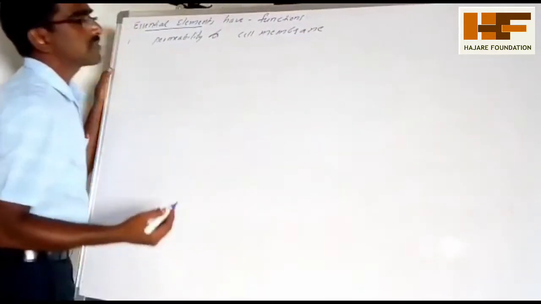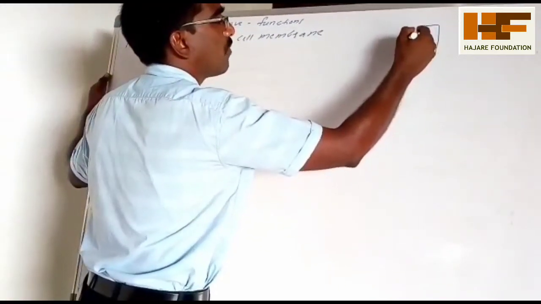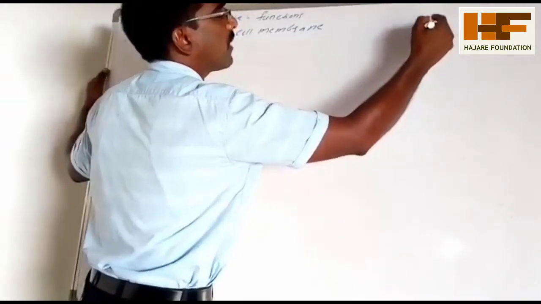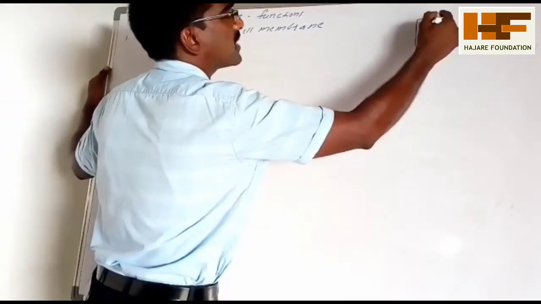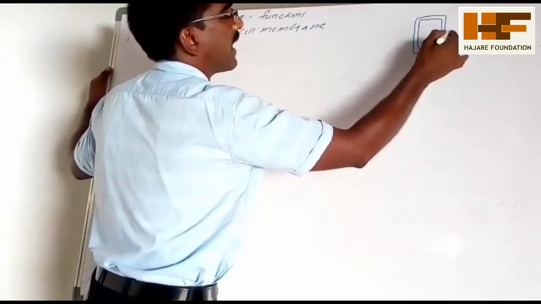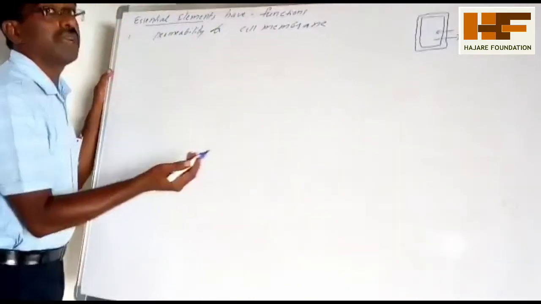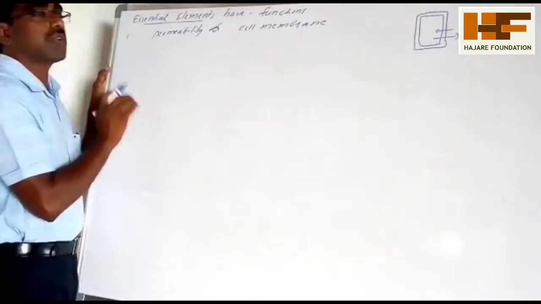You know that each plant cell is covered by a plasma membrane, and that plasma membrane is covered by the cell wall. But the plasma membrane accepts something to pass in, something to pass out. That permeability depends upon essential elements.